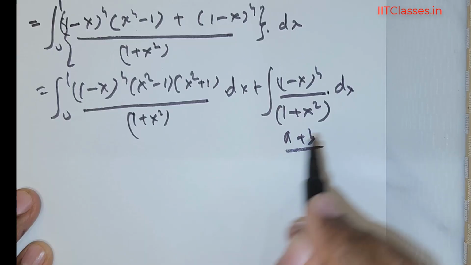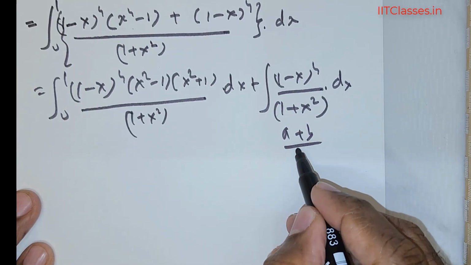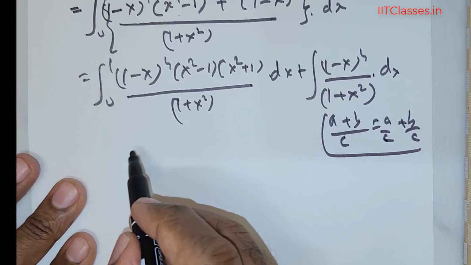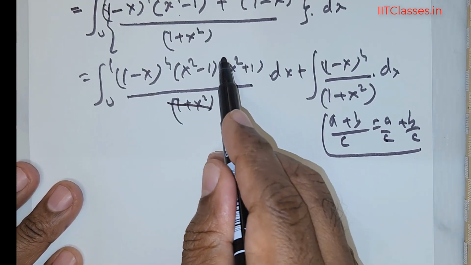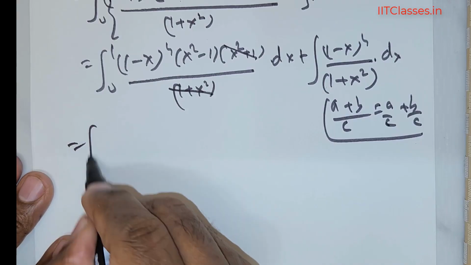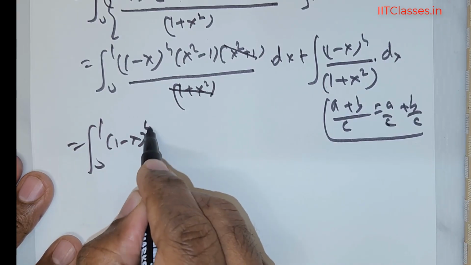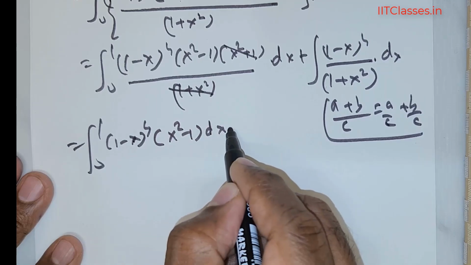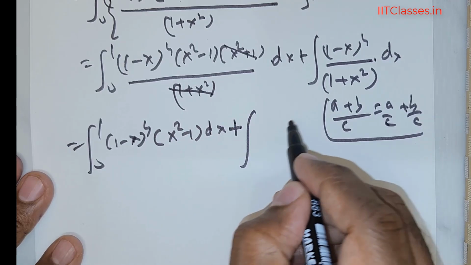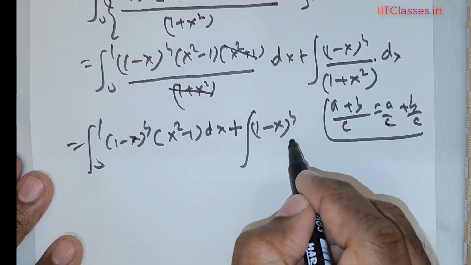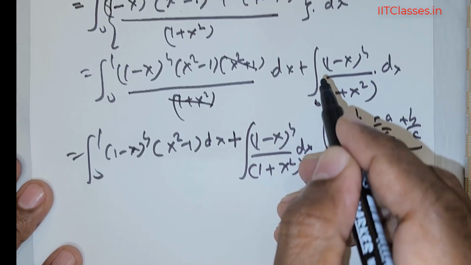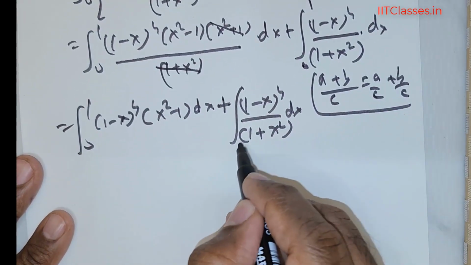All I'm doing is using this algebraic property: a positive b over c is a over c, positive b over c. Now 1 positive x squared and x squared positive 1 get cancelled, giving me 0 to 1 negative x raised to the power of 4 times x squared negative 1 times the dx, positive 1 negative x raised to the power of 4 divided by 1 positive x squared times the dx. Now the limits are 0 to 1.